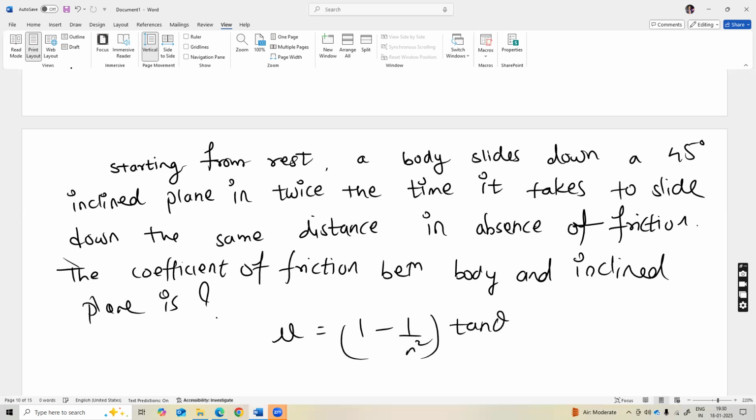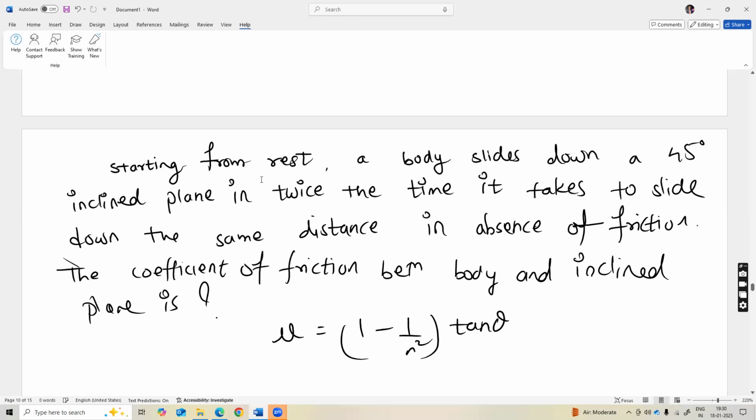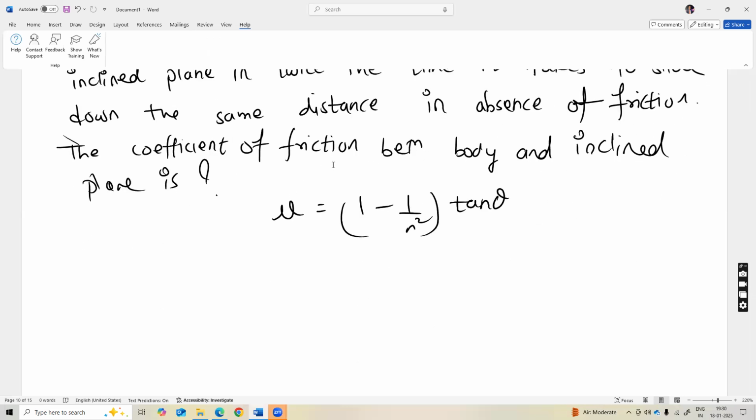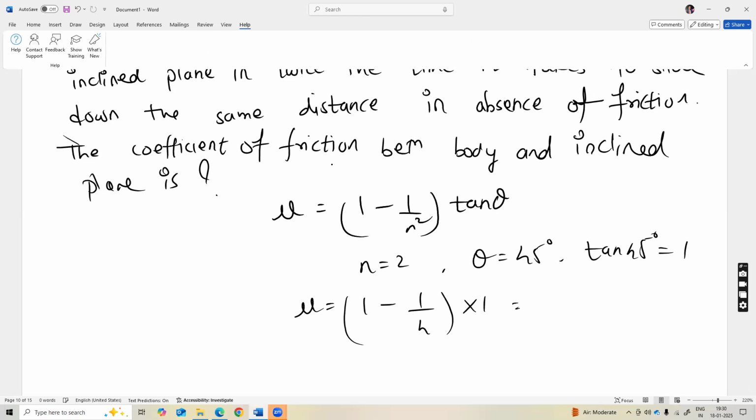Here they have given time taken is 2 times, so n is equal to 2 and theta is 45, so tan 45 is equal to 1. So mu is equal to 1 minus 1 upon 2 square, which is 4, into 1, so it is basically 3 by 4, which is 0.75. Have you understood?